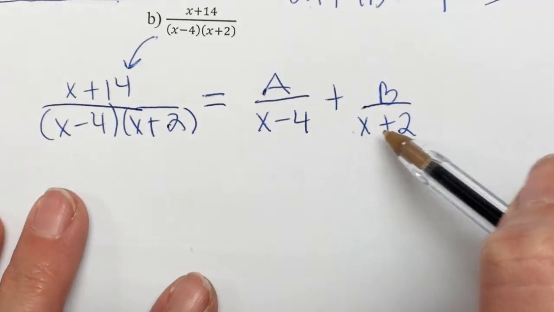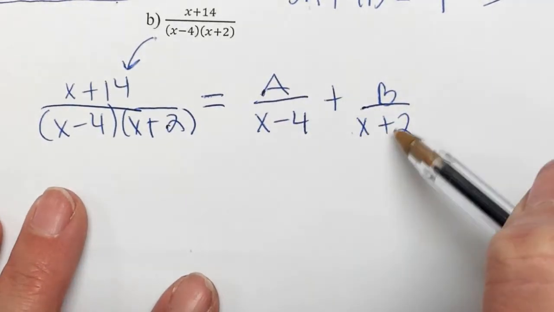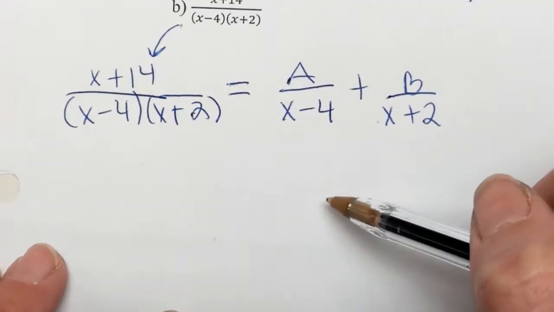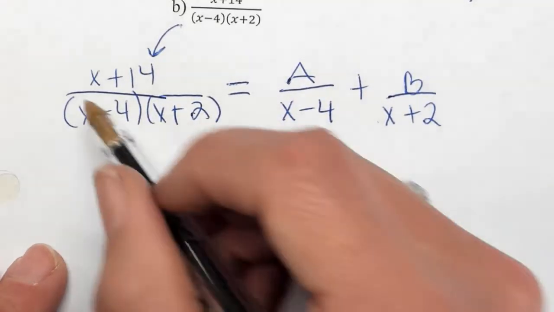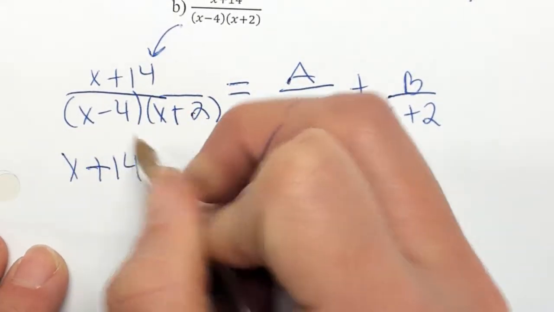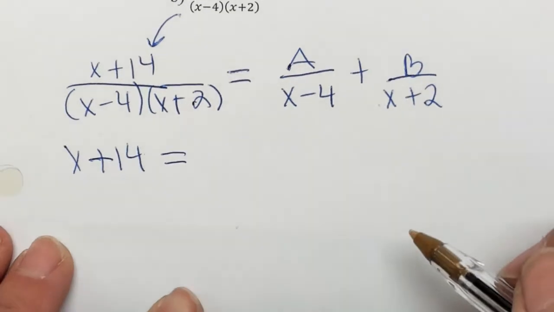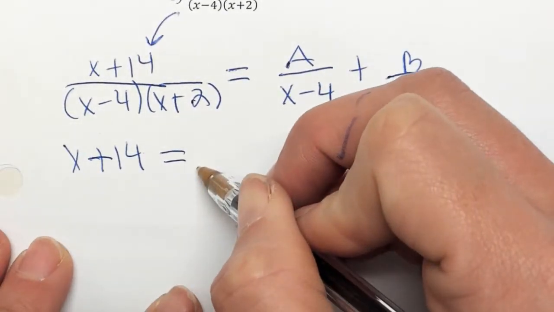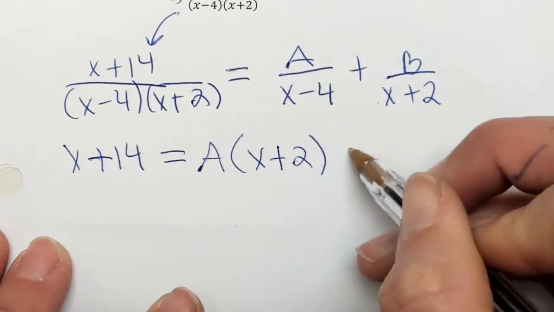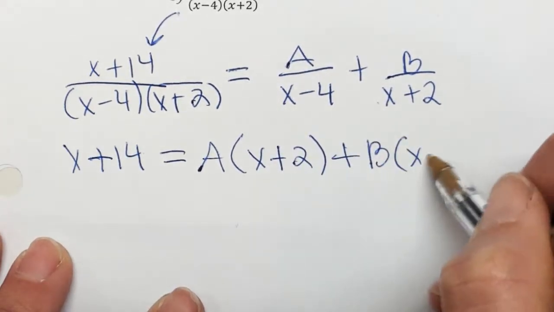It's going to be a times this, b times this. Is that what you're asking? Yes, ma'am. So if you remember, you can just cross this part out, put x plus 14, because we're going to be multiplying by this denominator, equals a times what? Plus b times, yes.